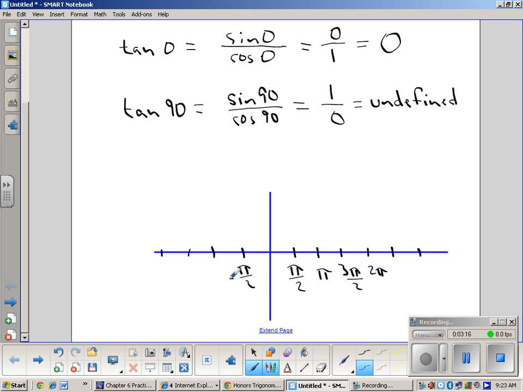Negative pi over 2, negative pi, negative 3 pi over 2, negative 2 pi. And we said at 90, which is pi over 2, it's undefined. So there's an asymptote there. And if I put negative pi over 2 in, I'm going to have another asymptote.